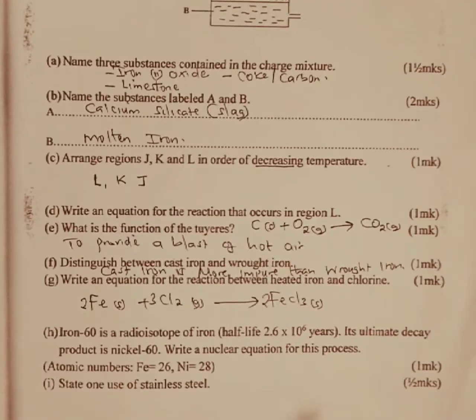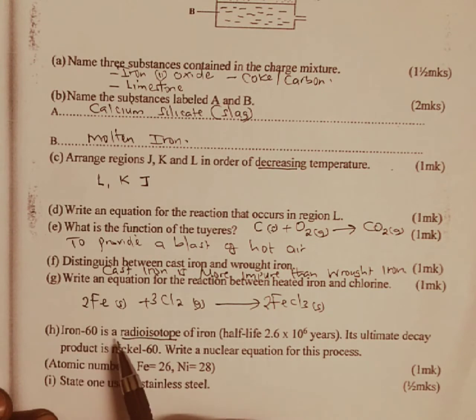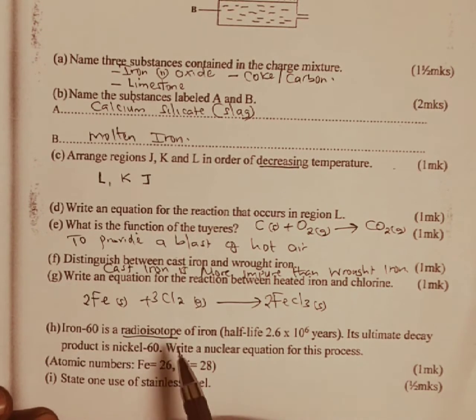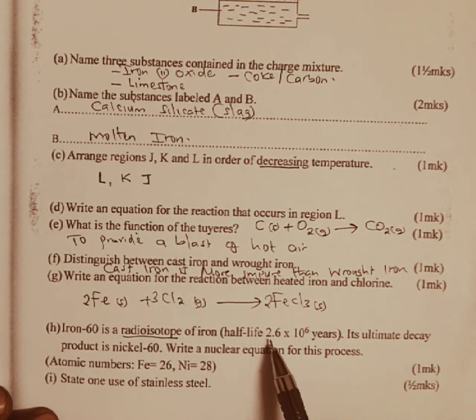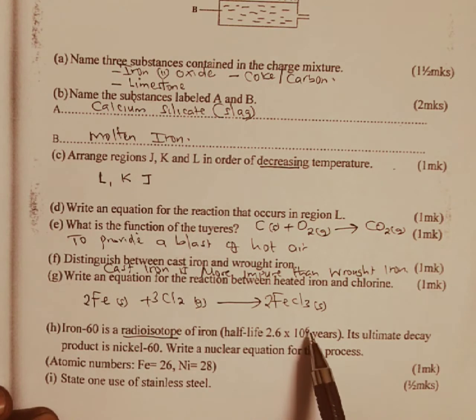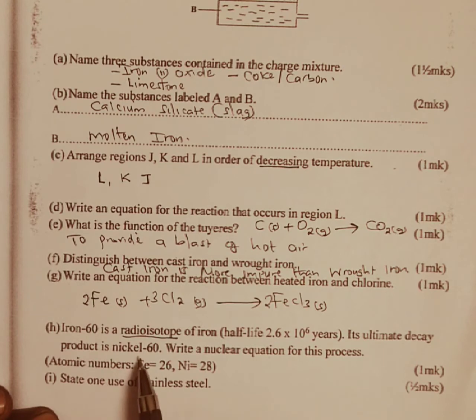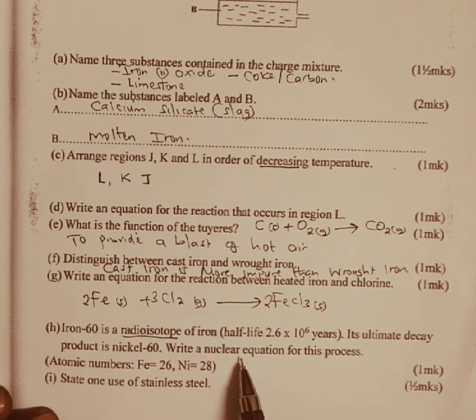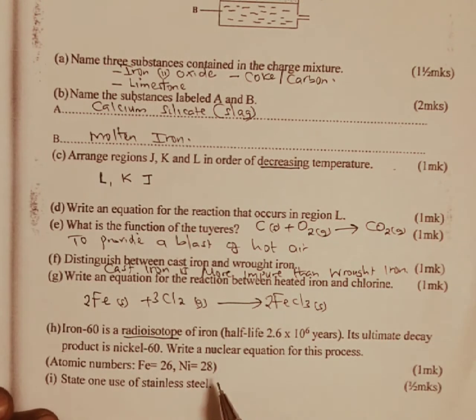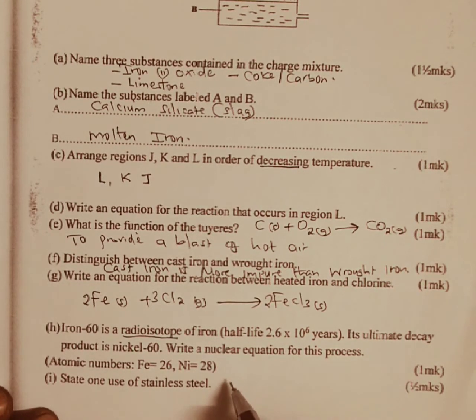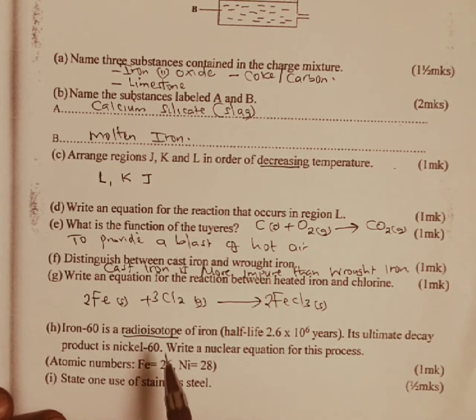Moving down to H. Iron 60 is a radioisotope of iron of half-life 2.6 times 10 raised to power 6 years. Its ultimate decay product is nickel 60. Write a nuclear equation for this process. This is radioactivity, and as such, we are going to try and write this equation.